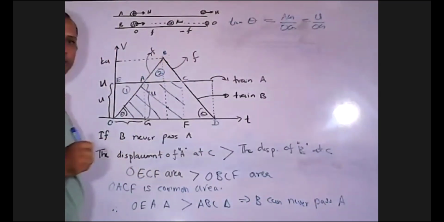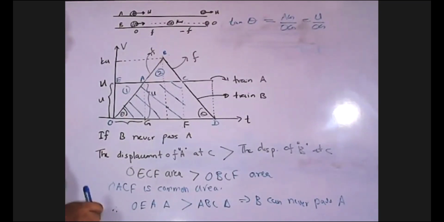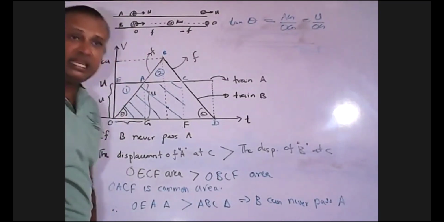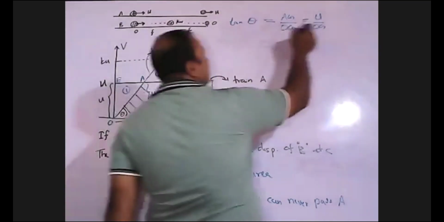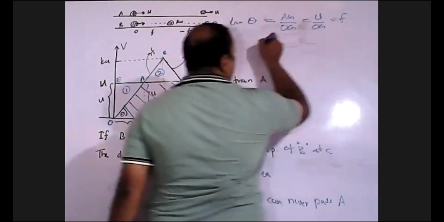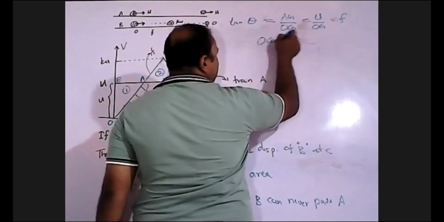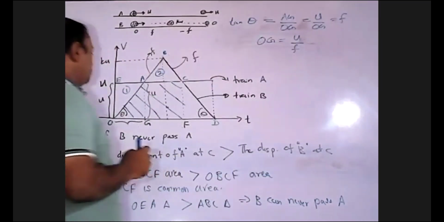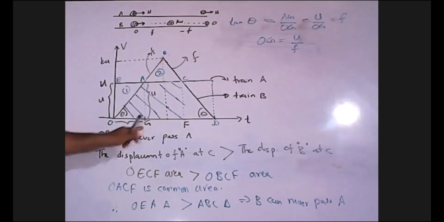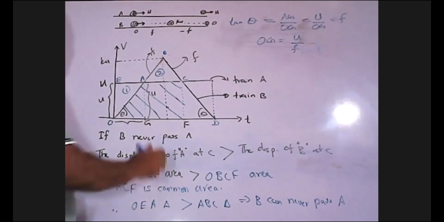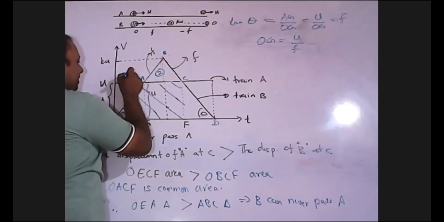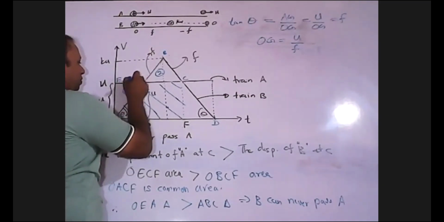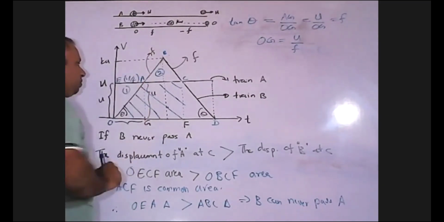The value of tan theta is given, it is F. Therefore, OG is equal to U over F. That means this length is U over F.